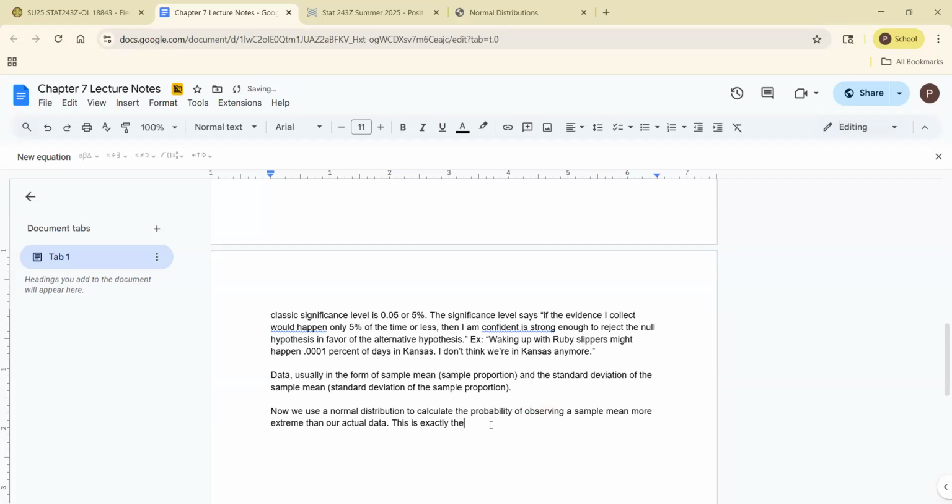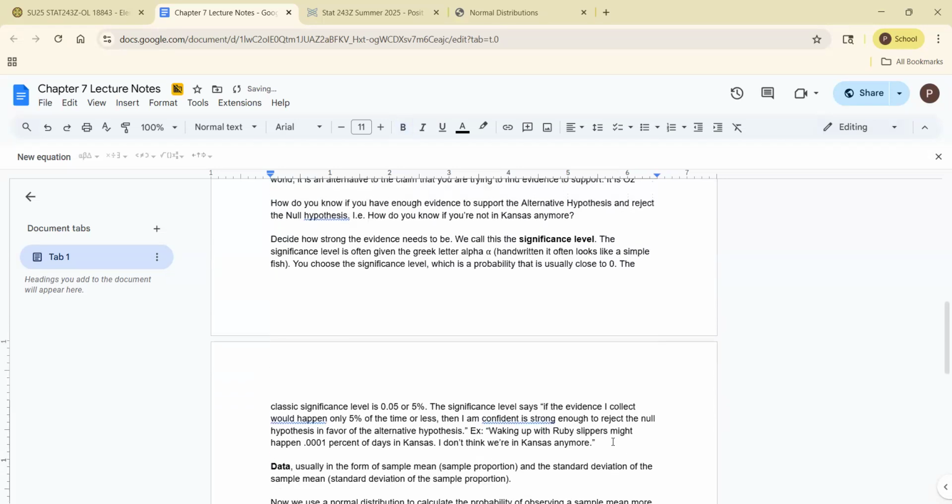This is exactly the question we answered in chapter 5. What is the probability of observing a sample mean more extreme than our data? Oh yeah, we give that probability a name. That probability is called the p-value.